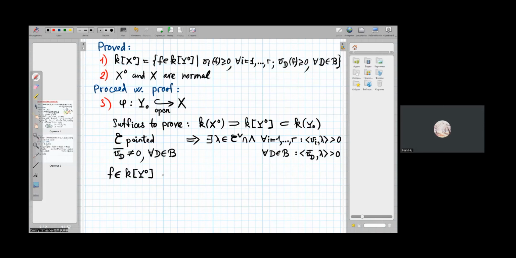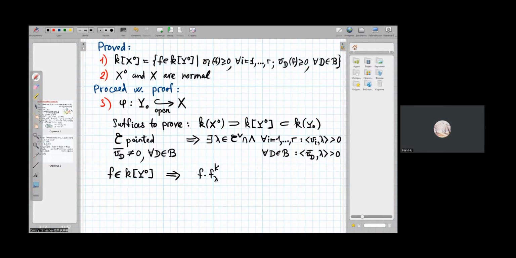I want to say that if you take an arbitrary function regular on y upper knot, then if you multiply this function f by a sufficiently big power, so if you consider f times f lambda to the power k, where k is sufficiently big, you see that this semi-invariant function f lambda.